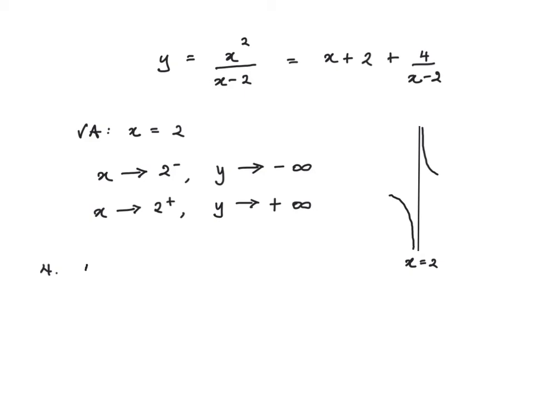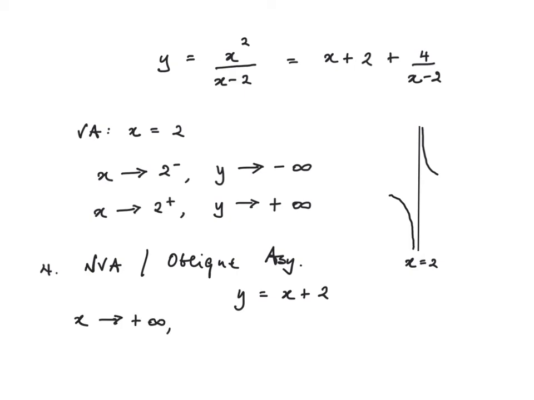So we use the abbreviation NVA, non-vertical asymptote, or you could say an oblique asymptote. It has equation y equals x plus 2. What we want to do is to consider what happens to the function as x tends to positive infinity and as x tends to negative infinity. And for that, this form here, the simplified form, is very, very useful.